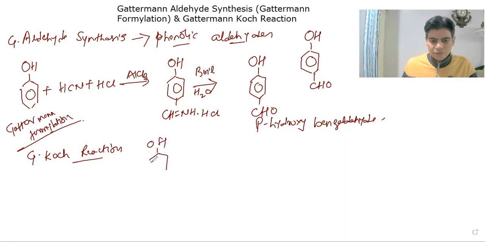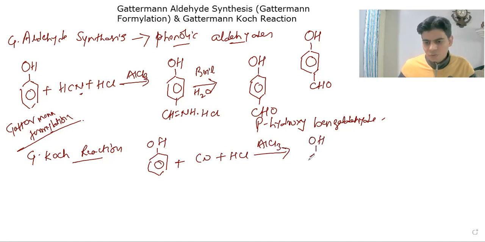It's very much similar in terms of product. It's just that we use CO in place of HCN, plus HCl in presence of aluminium chloride. A CHO group would be introduced at the para position. This is your, like here, para-hydroxybenzaldehyde.